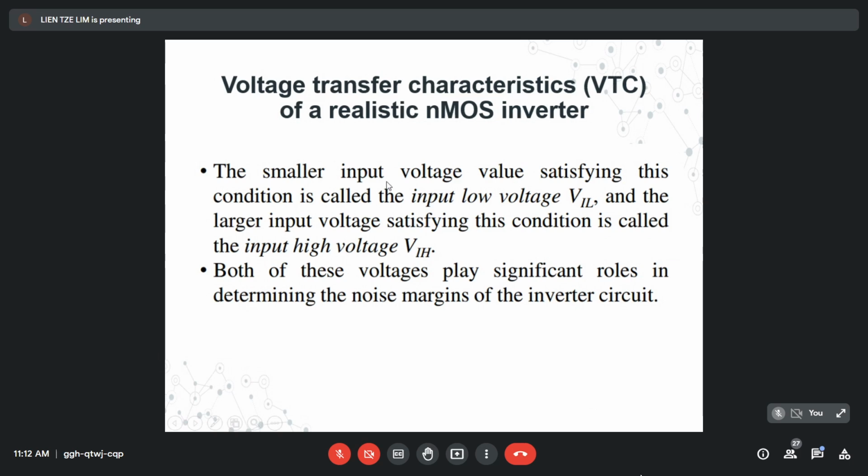The smaller input voltage value satisfying this condition is called the input low voltage VIL. And the largest input voltage satisfying this condition is called the input high voltage. Both of these voltages play significant roles in determining the noise margins of the inverter circuit.